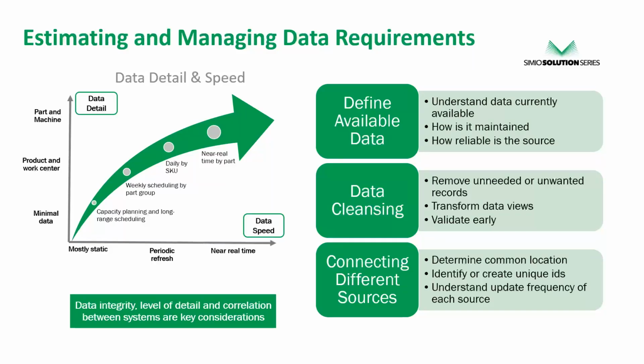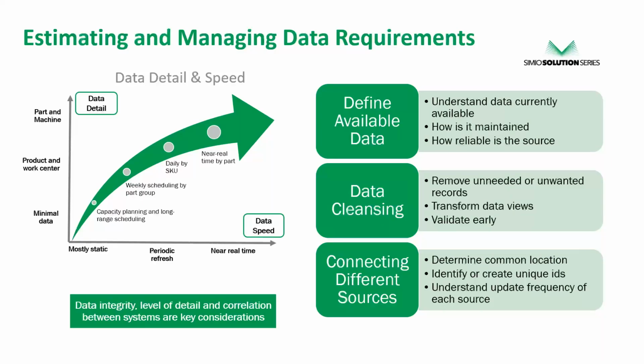On my graph over here on the left-hand side, you can see inside the arrow there are different types of projects going up the arrow. And those types of projects are enabled by the data that you see in the axes. So your data speed and the detail of your data would enable these different types of projects to be completed.